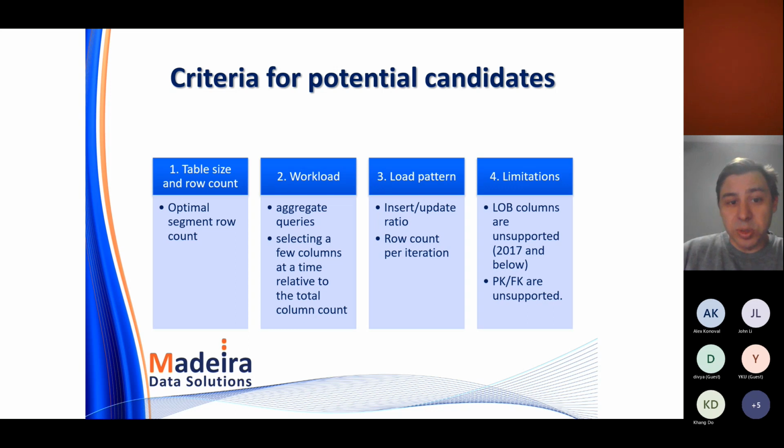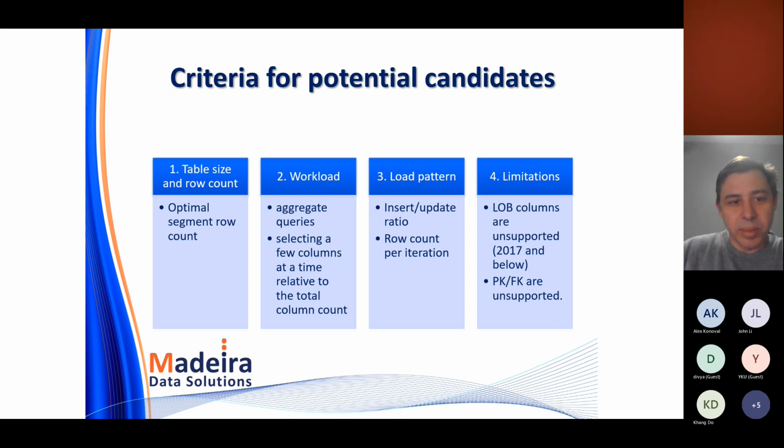So 3 is the load pattern. Load pattern means how much data are you updating and inserting. So the insert update ratio, and the higher it is, the more inserts you have, the better for the Columnstore, because like we discussed in previous slides, updates is a pretty painful operation for it.